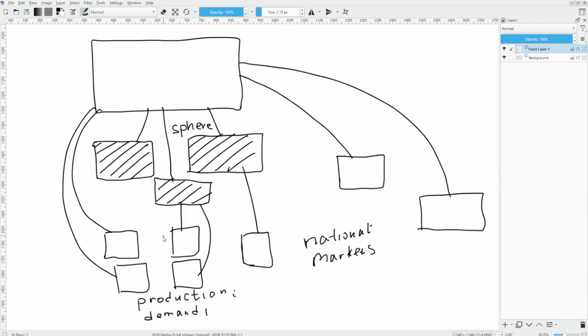Then the entire market aggregates all this demand, all this production, and calls them supply and demand. So you have their total supply, and you have demand.